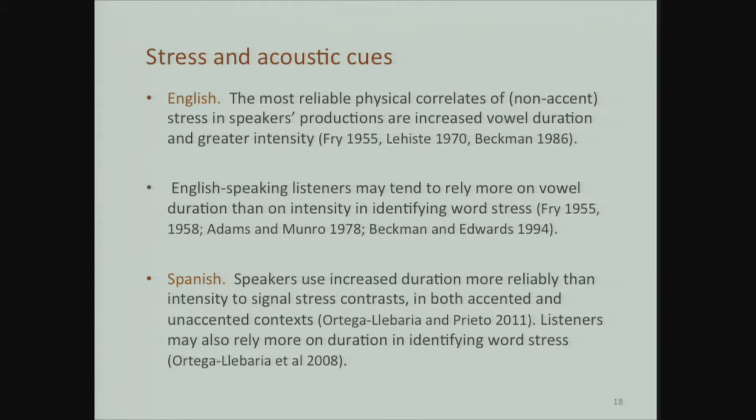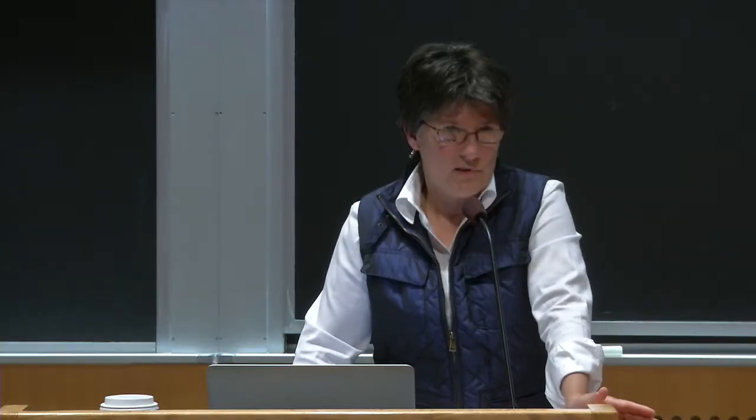Some work has shown that in Spanish, speakers use increased duration more reliably than intensity to signal stress contrasts in both accented and unaccented contexts, and that listeners may also rely more on duration in identifying word stress. So all of this is telling us that if we're talking about stress, duration seems to be a very important cue, and intensity sometimes less important or used in different ways.